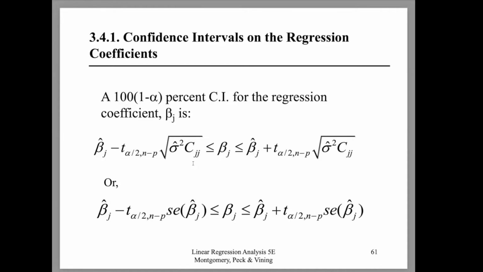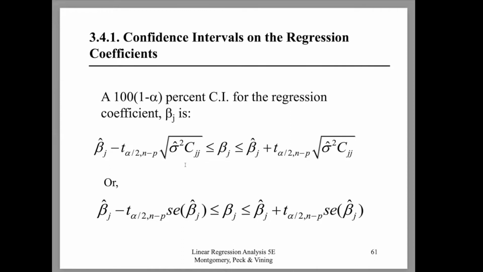Now, you'll recall from the notes that the estimated standard error of beta sub j is equal to the square root of c sub jj, and then we multiply that by sigma hat squared, again, our estimator of the variance of the error term, and that sigma hat squared is the mean squared error from that ANOVA table. So that is how we calculate the margin of error for a confidence interval for a particular slope coefficient.